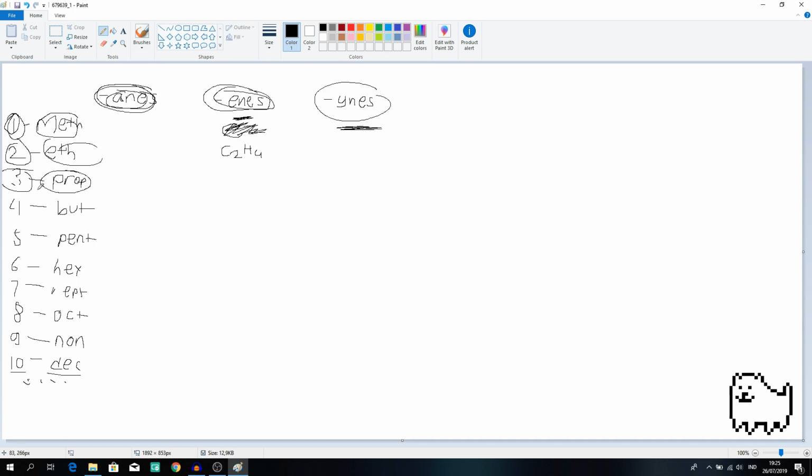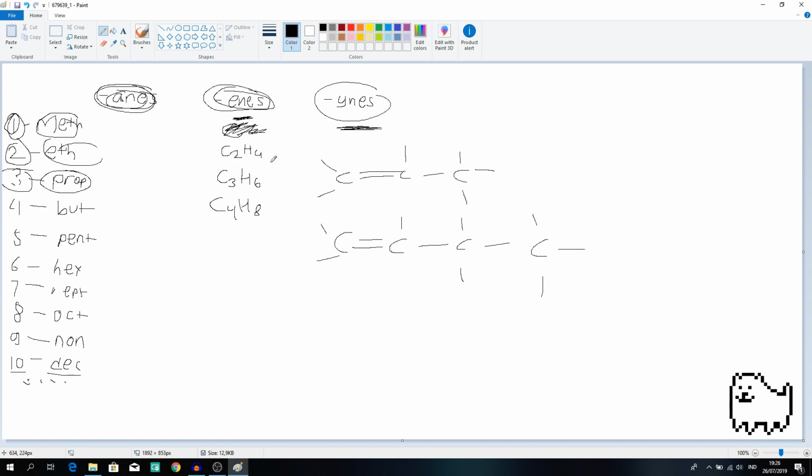The propene will be C3H... I actually forgot. Hold on. 1, 2, 3. 1, 2, 3, 4, 5, 6. So C3H6. Butene is C4, 1, 2, 3, 4, 5, 6, 7, 8. H8.